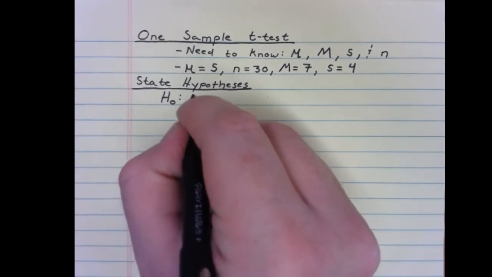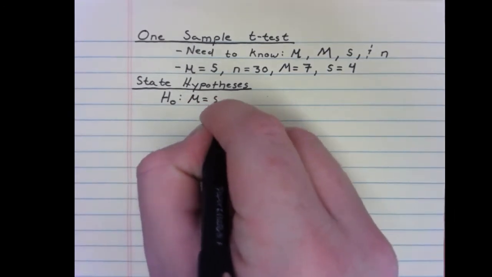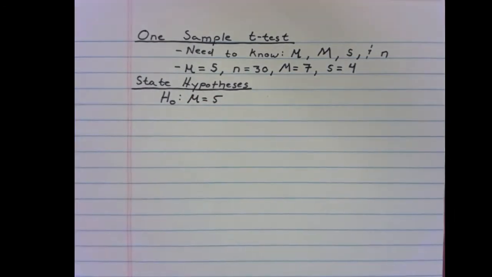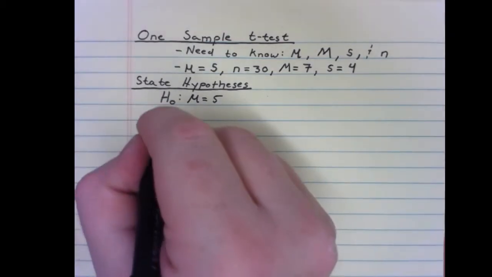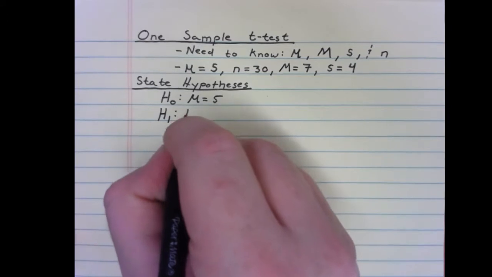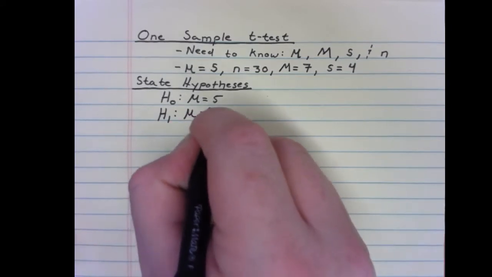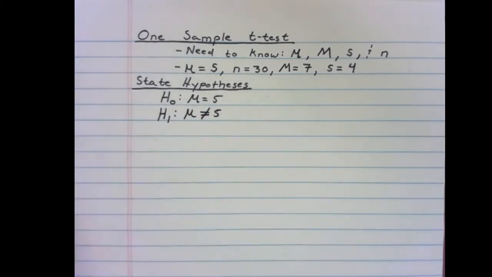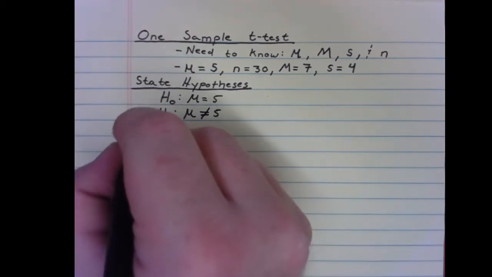It's really coming from a population with a mean of 5. And the mutually exclusive and exhaustive alternative hypothesis is that it is not coming from a population with a mean of 5. Now that we've got our hypotheses stated, the next thing that we'll need to do is actually set our rejection criteria.